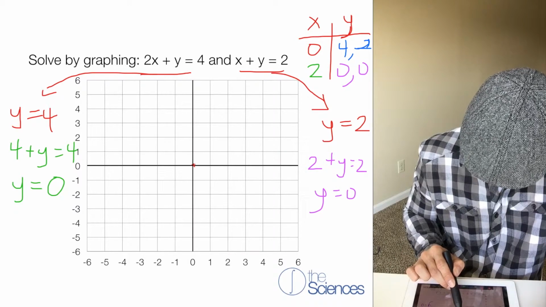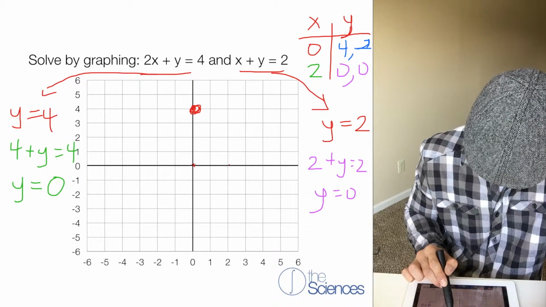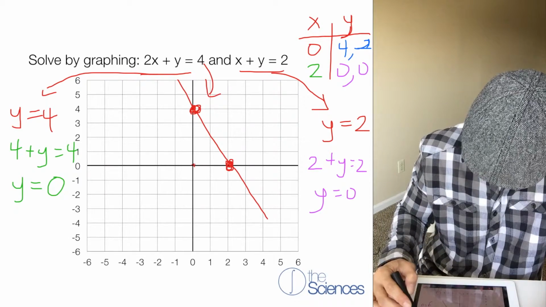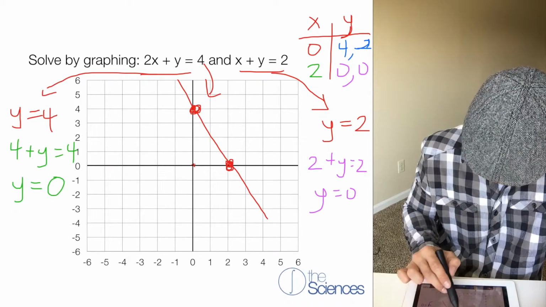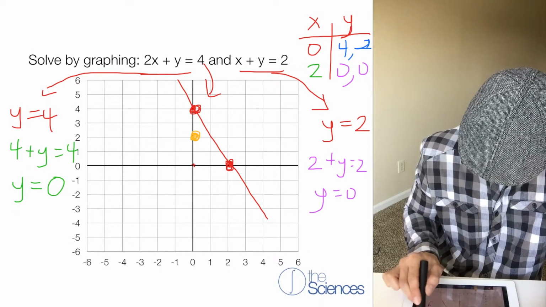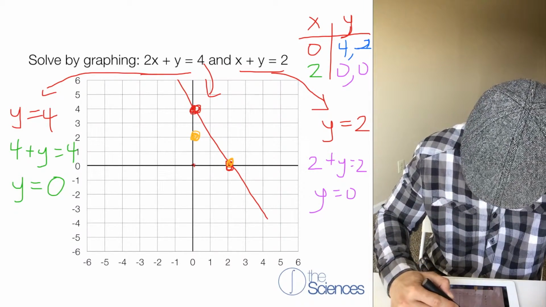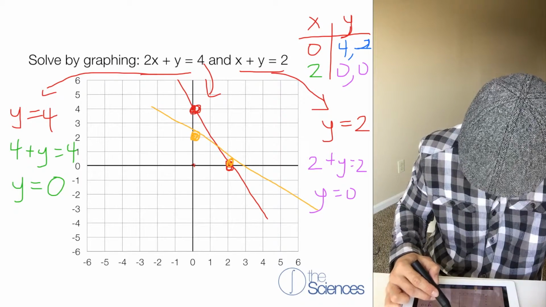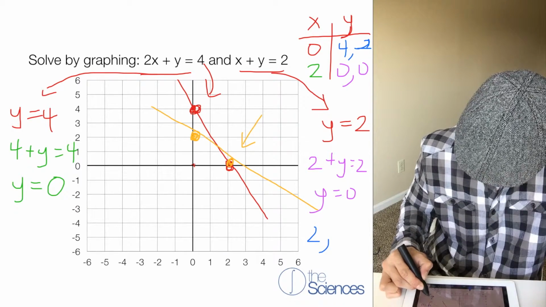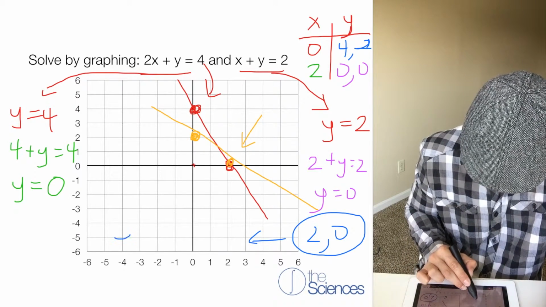When x is 0, we have (0, 4), so that's here, and then we have (2, 0), so that's here. So that's our line for this equation. And then here we have (0, 2) and (2, 0), which is here. So here's the point of intersection. They intersect at the point (2, 0). So that is the system solution.